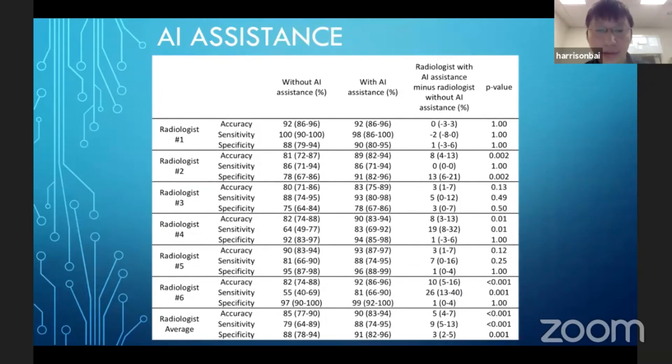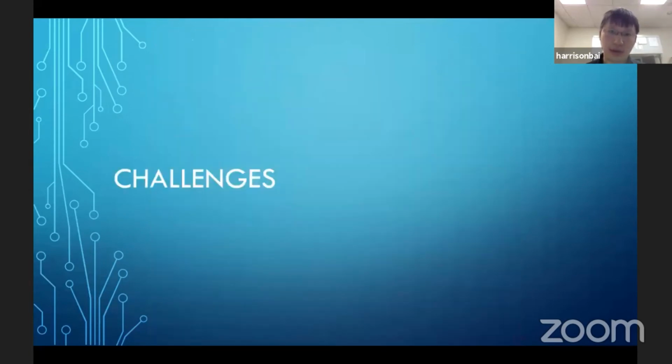We found that the AI algorithm was able to improve the radiologists' performance on average. And of course, there is a lot of variation in performance among the different radiologists, so some improved while others may not have improved.